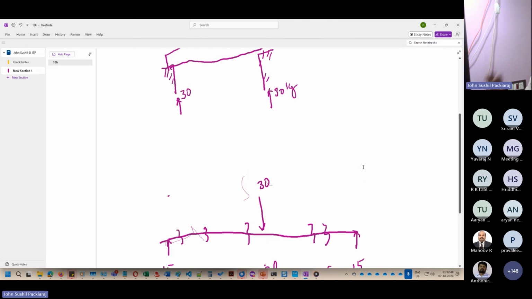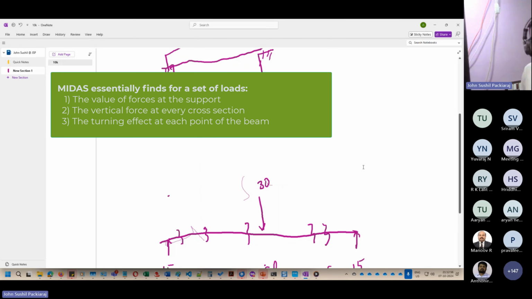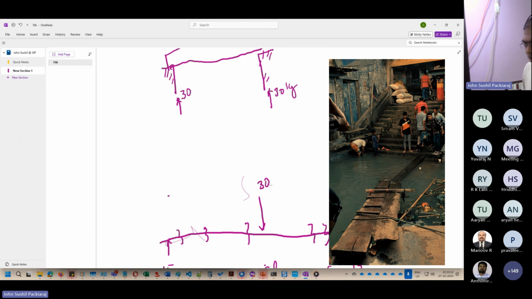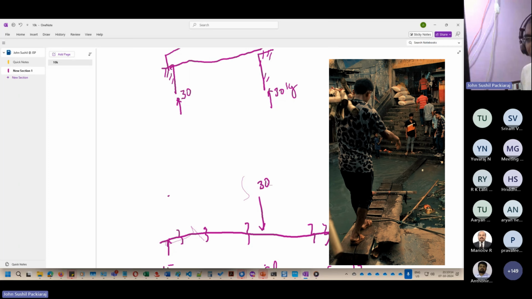Okay, so this software is only going to find these values. But it is not as simple as what I'm putting it, because when you look at a beam which is bridging across a gap, you don't want it to be having too much deflection.